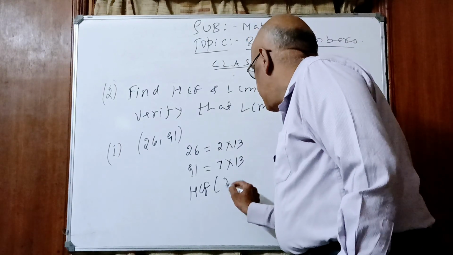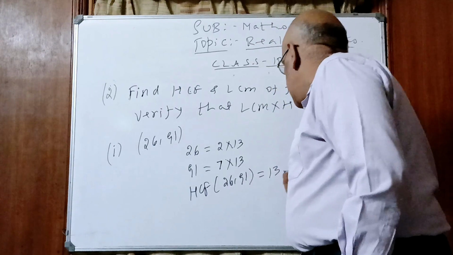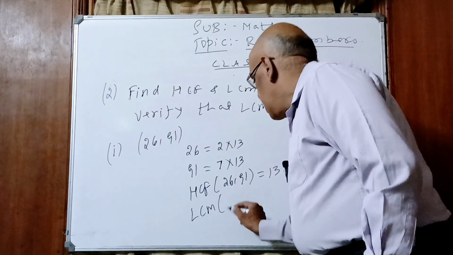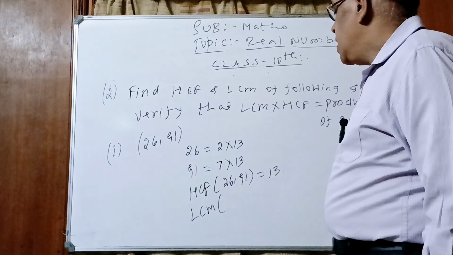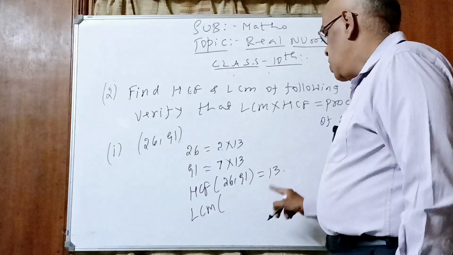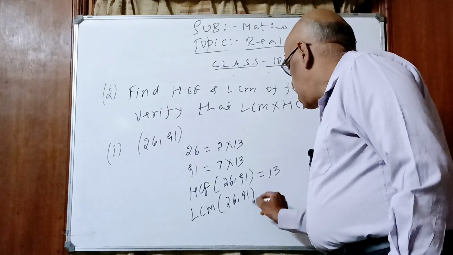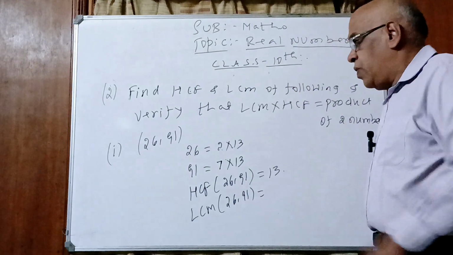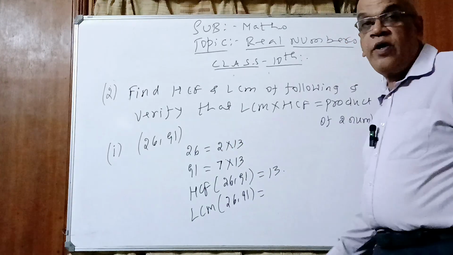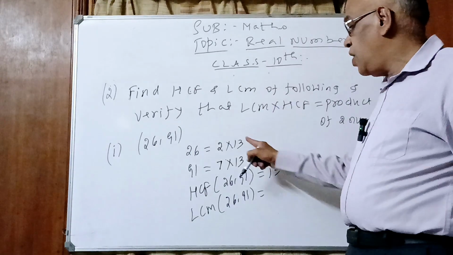So what is the HCF of 26, 91? HCF is what, children? 13. What is the LCM, children? LCM, lowest common multiple: 2 into 13 into 7. What is the HCF of two numbers? Lowest power of each common prime factor appearing in the numbers.